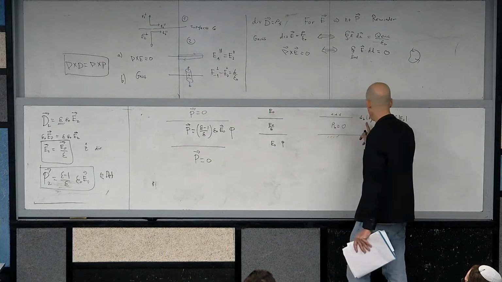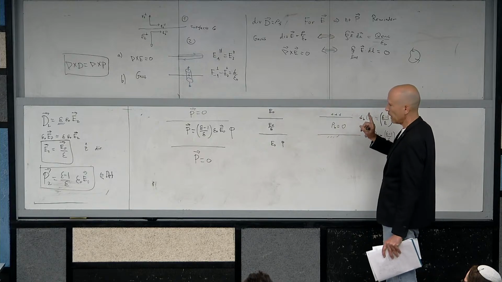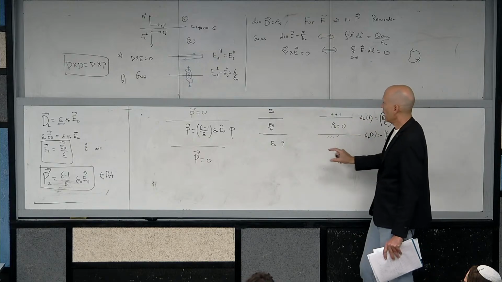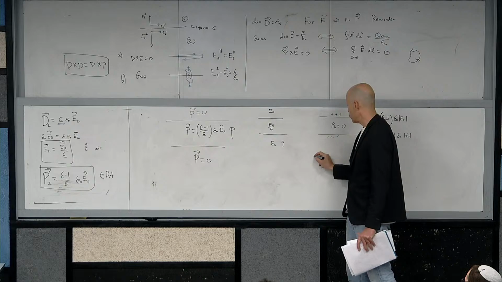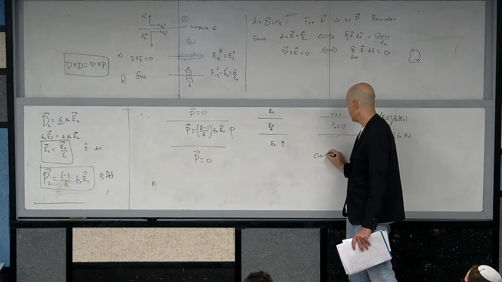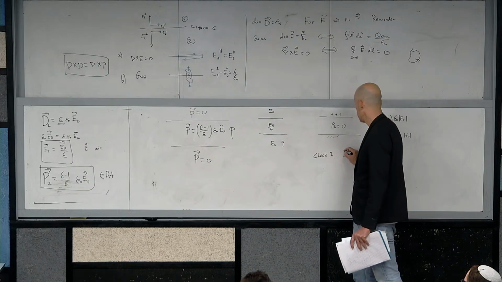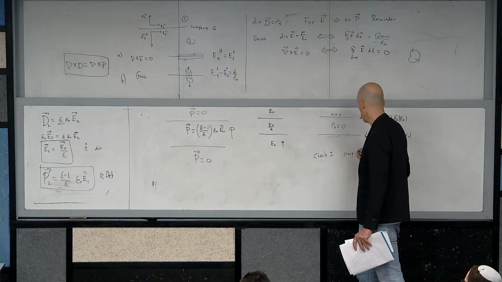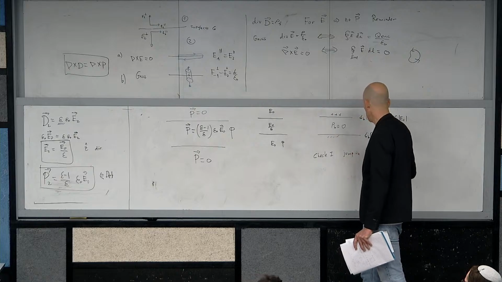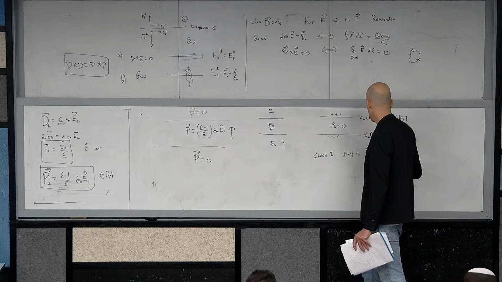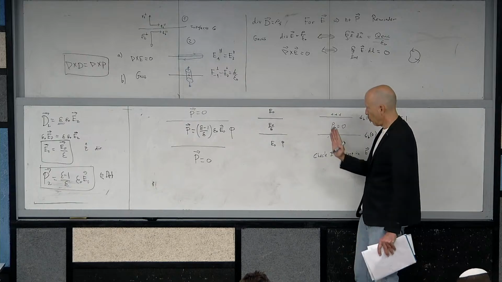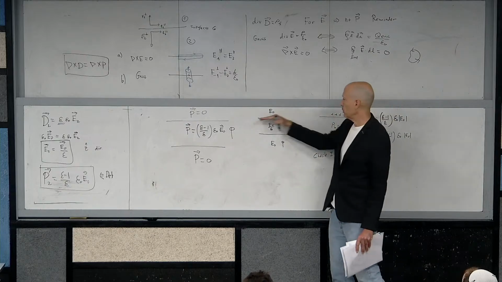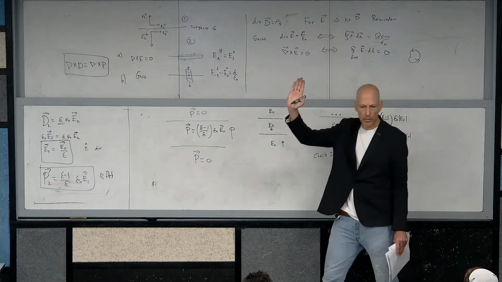first of all, you can check, I'm not going to do this, check number 1, the jump in E. Which direction is the jump in E? It's not in the parallel direction, everything is in the Z direction.